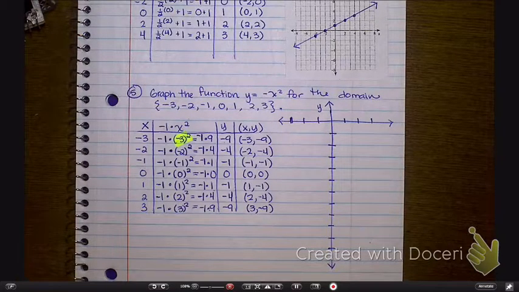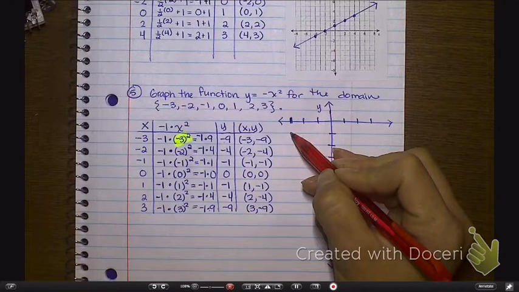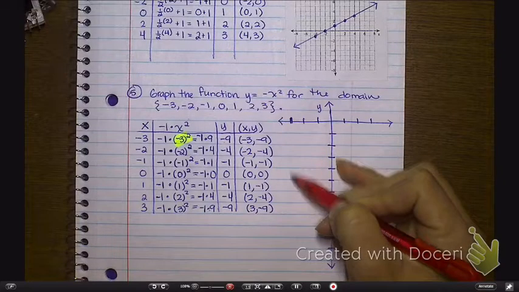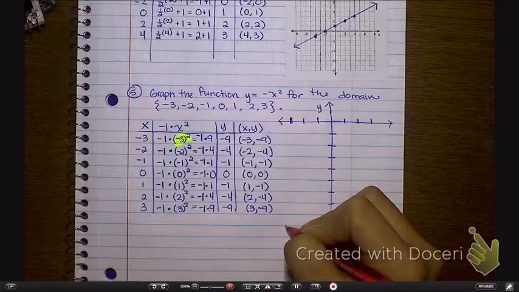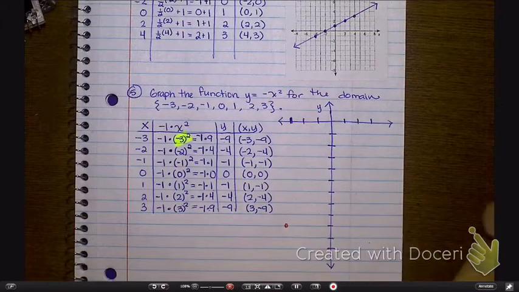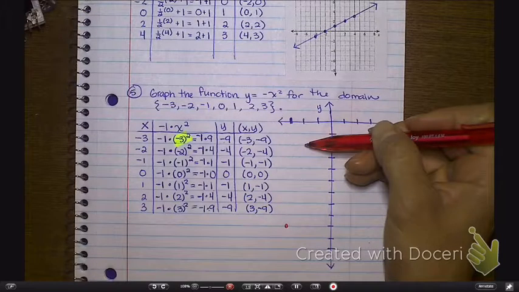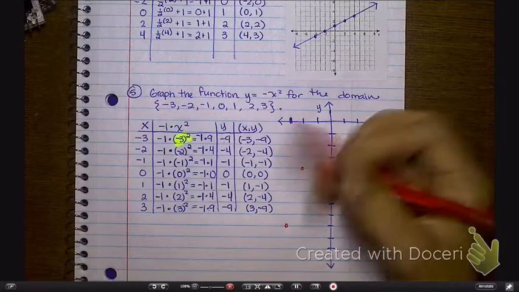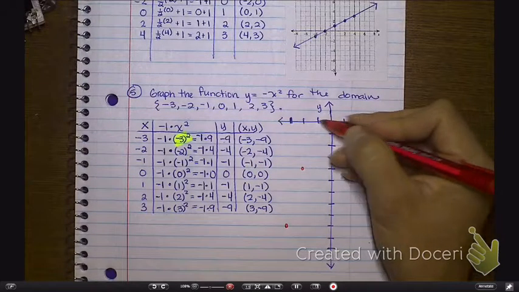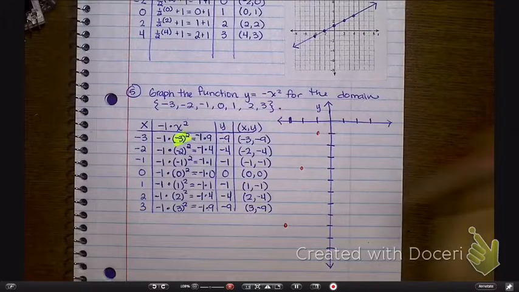Now let's go ahead and graph my points. My first one, -3, -9. 1, 2, 3, 4, 5, 6, 7, 8, 9. Next, -2, -4. 1, 2, 3, 4. Now, -1, -1. Over -1, down 1. Okay, 0, 0.